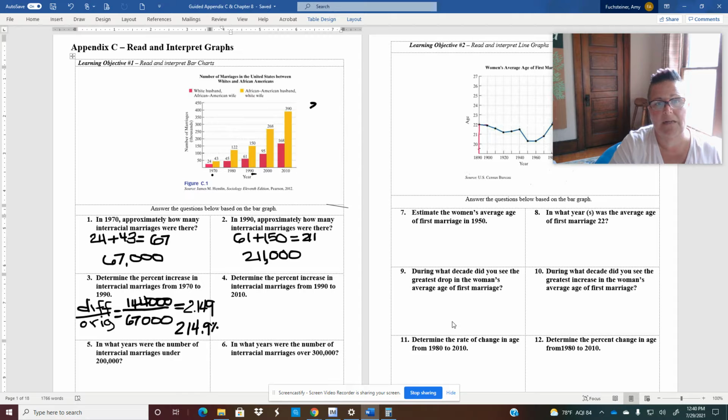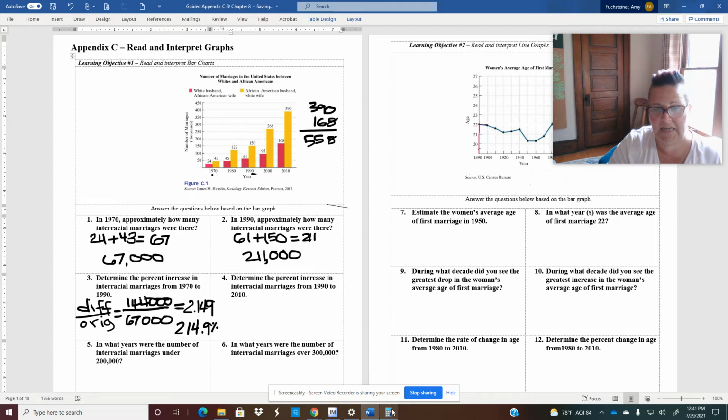So for 2010, we're looking at 390 plus 168. We have 390 marriages with an African-American husband and a Caucasian wife, and 168,000 marriages with a Caucasian husband and an African-American wife. And this gives us, oh, did I just do, no, that's right, 558K.